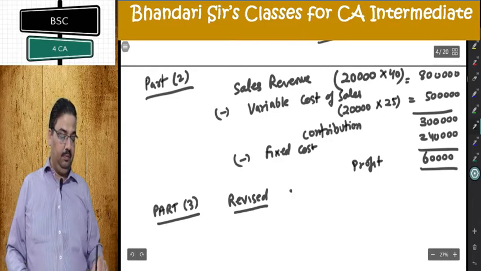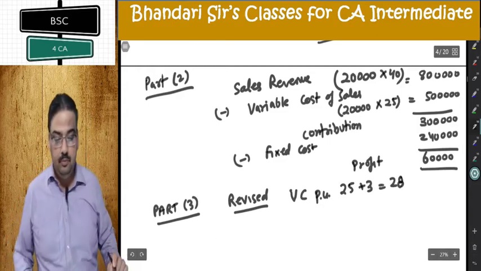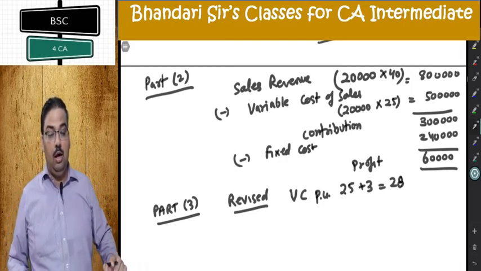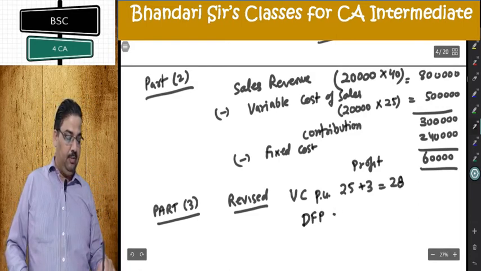Revised VC per unit: 25 plus 3, 28. How many shirts are to be sold to earn net income 15,000? Desired fixed profit, DFP, is 15,000.